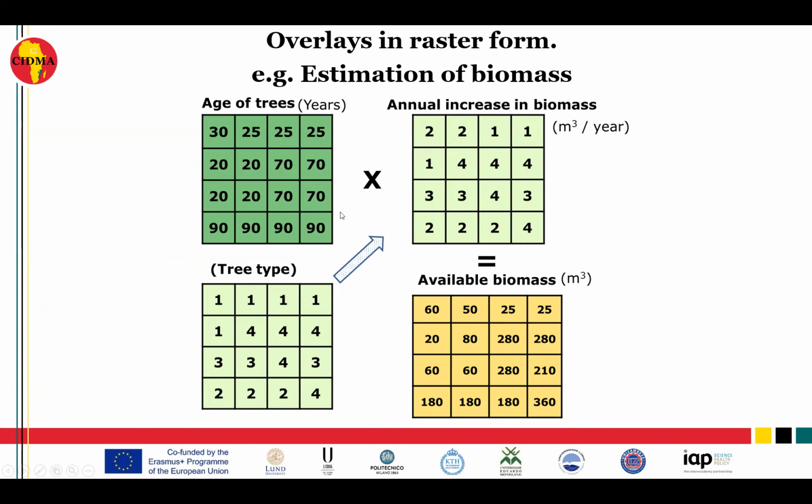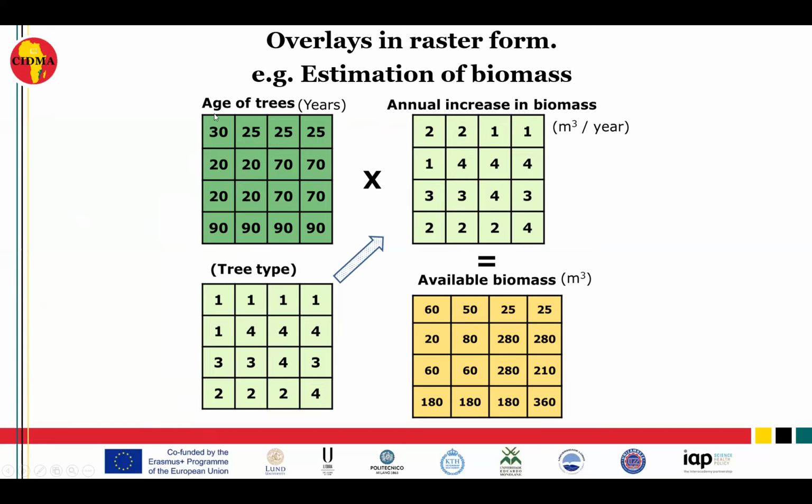So for instance, if we have the tree type, in this pixel, or cell, as we call it in GIS, we have a tree type equal to 1, and that could be maybe oak. And we have another tree type with an ID of 4, and that is maybe birch trees, and so on. And then we have another raster that has exactly the same extent as this one, the same position.